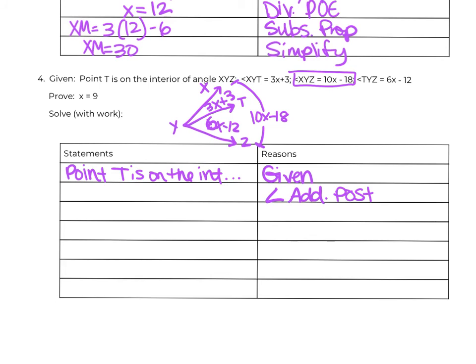Look back at that, because before I plug in those numbers, I want to use the letters set up. So the first angle, the small part, would be XYT, plus angle, what's the other one? TYZ is equal to, what is the whole? XYZ. Oh, yes.